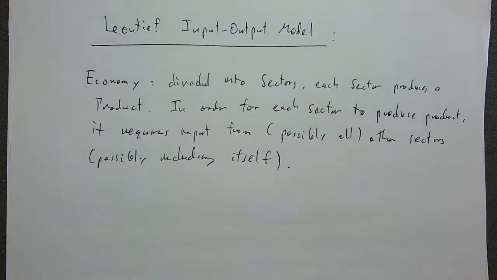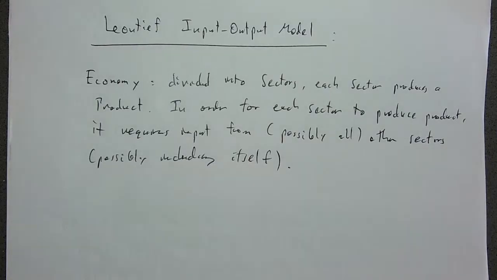So this is the idea. Then, what is the idea here? There's the demand that each sector has or generates for producing its product for the other sectors. This would be called the internal demand. And then there's also demand that may come externally from outside of any of those sectors, right?